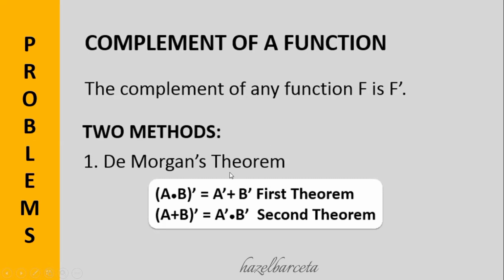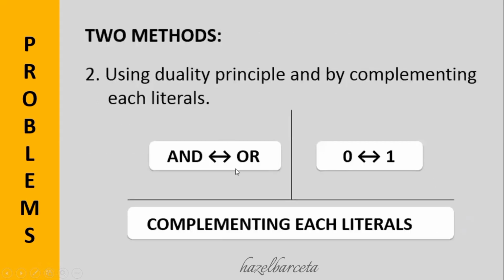Using De Morgan's theorem, we have the first and second theorem. And the second method is adapting the duality principle, but getting the complements of each literals. Okay? So, for this problem, ito na po ang ating gagamitin na second method.